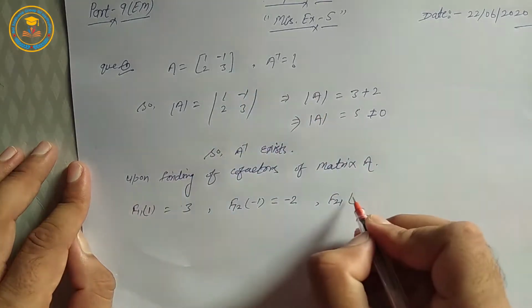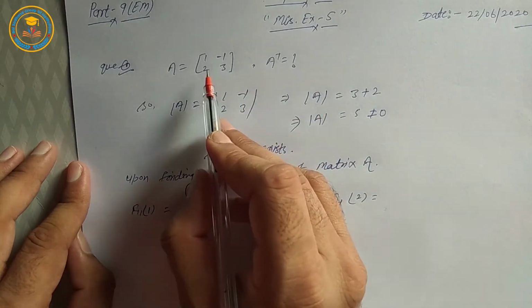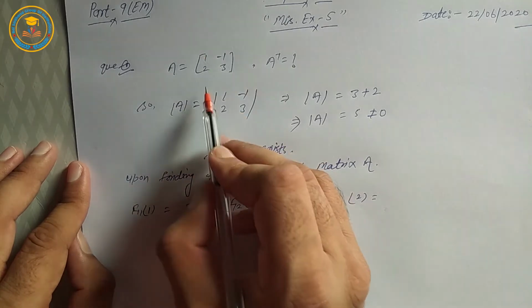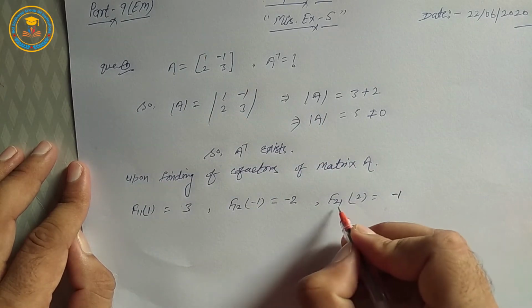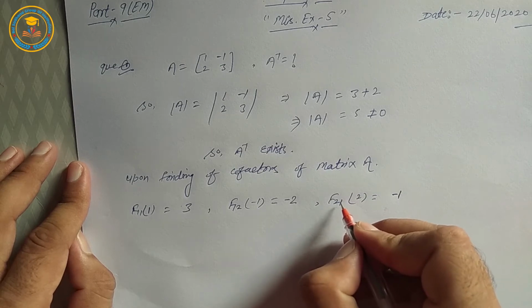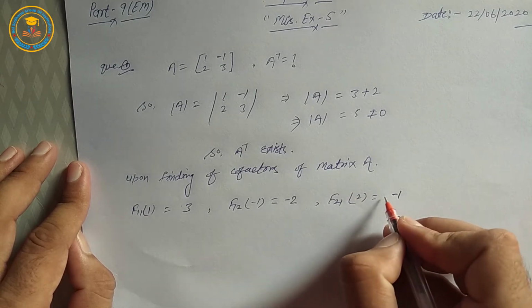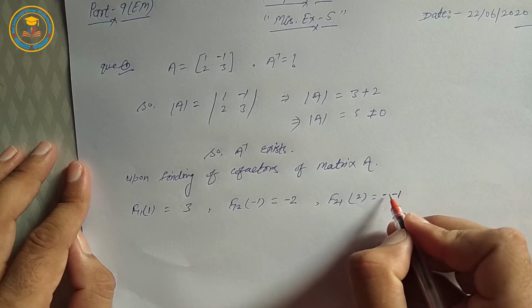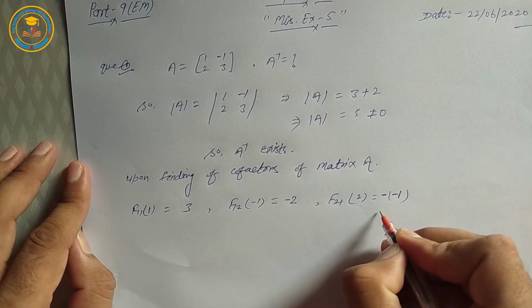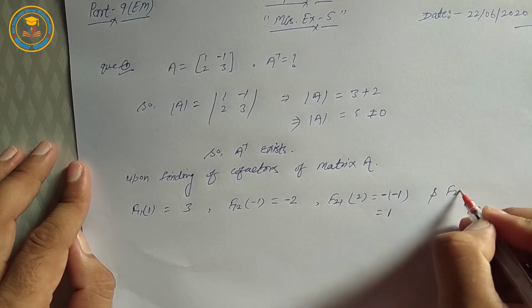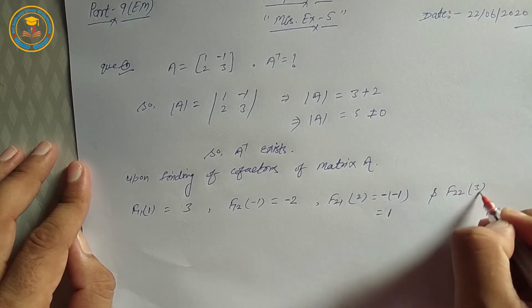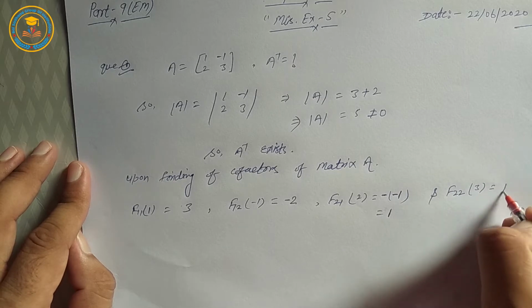F21, cofactor of element 2, leaving the corresponding row and column, is equal to minus 1. 2 plus 1 is 3, an odd number, so negative sign, minus minus plus 1. And F22 is equal to 1.